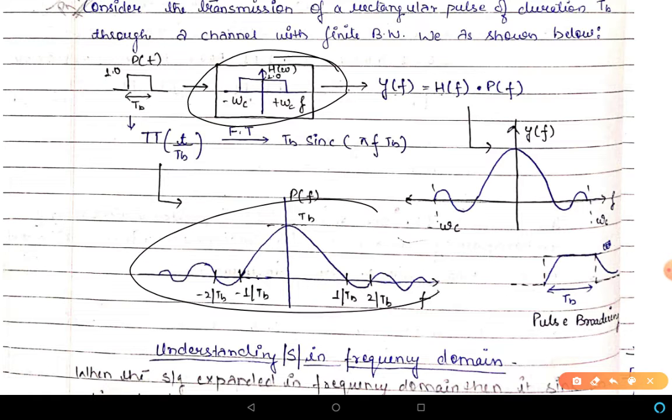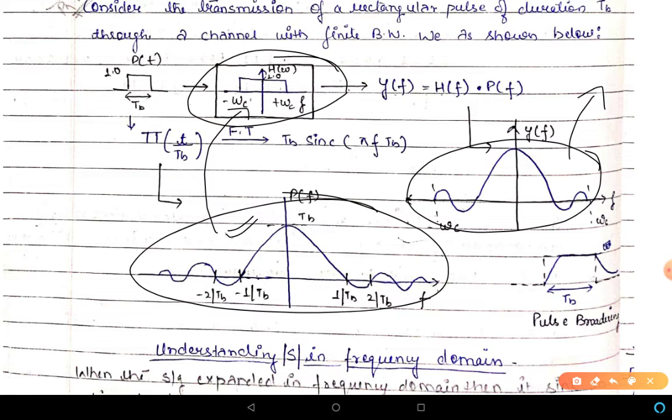And what is this? This is a band unlimited signal. So whenever a band unlimited signal, or I should say frequency unlimited, is passed through a band limited channel, at the output I am going to get a band limited signal.